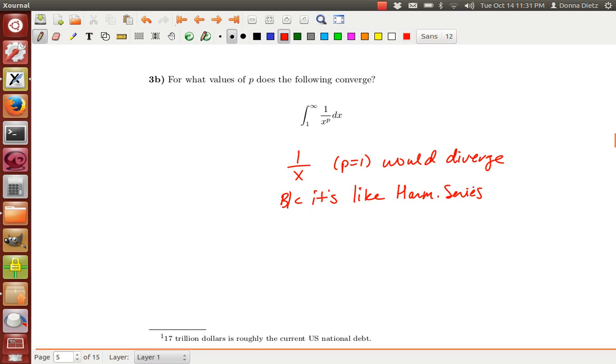But if P is greater than 1, then we have convergence. And what's the least amount a student could say and get full credit? All they had to say is P greater than 1, and they would get half of the points for that question. Okay, but I want to write more so that you have more to study. So you can think about this, think about why it's true.